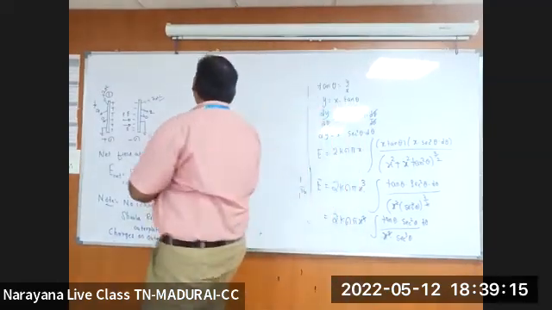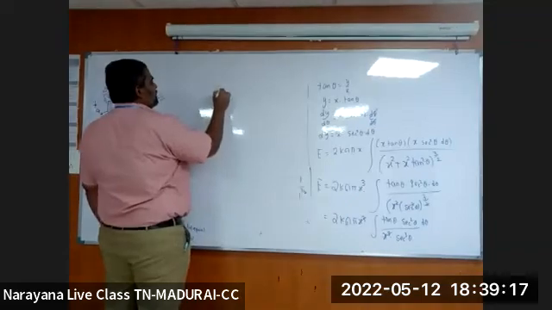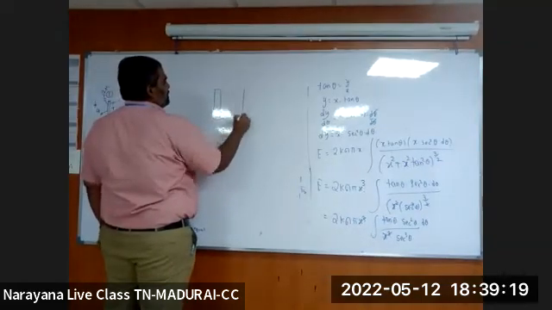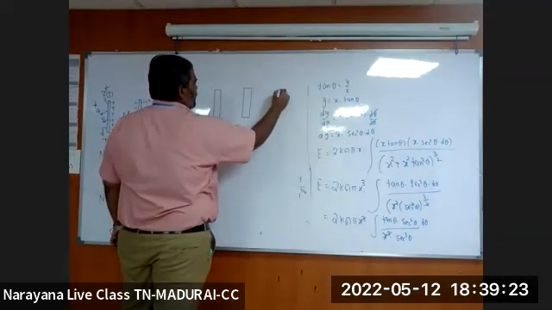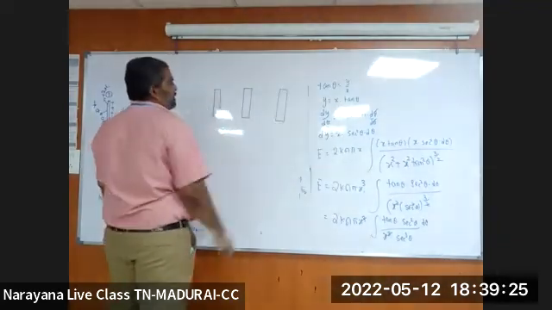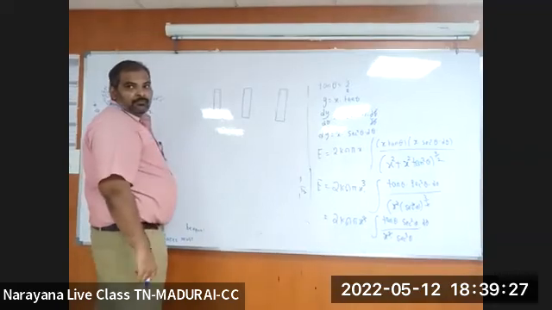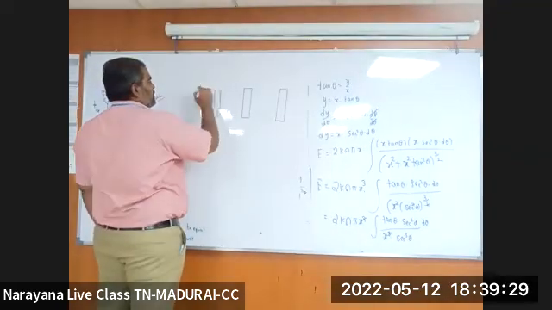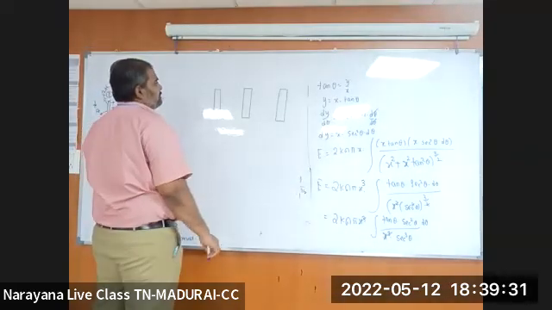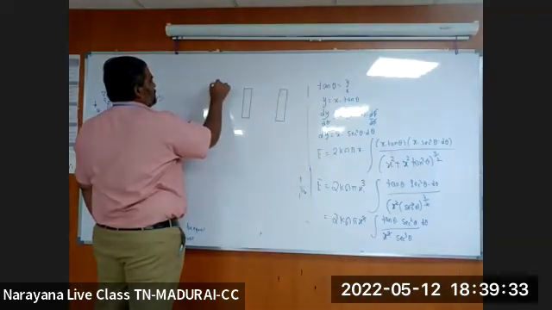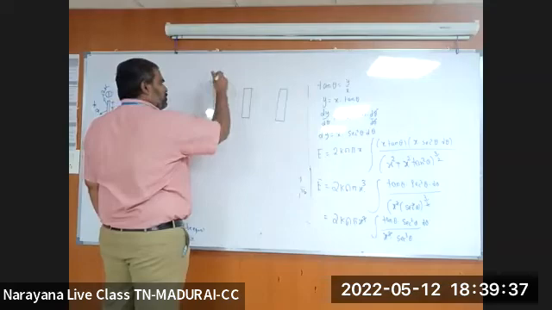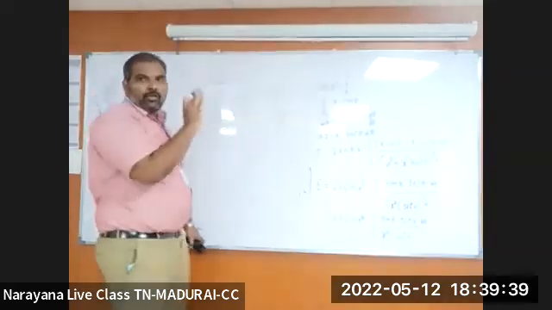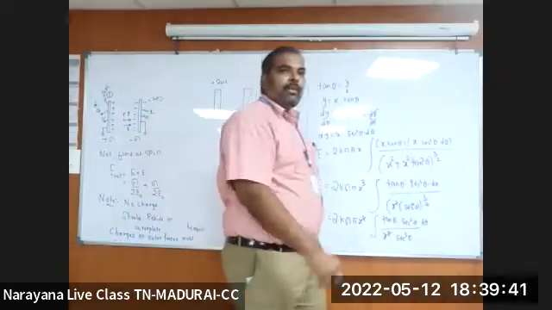For example, this is one infinite plate. For this, I have given a charge of plus 2 microcoulomb in total. How will they spread? Tell me.